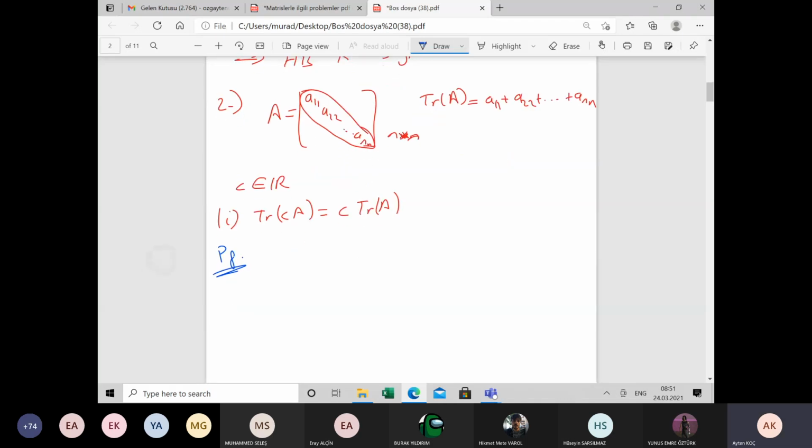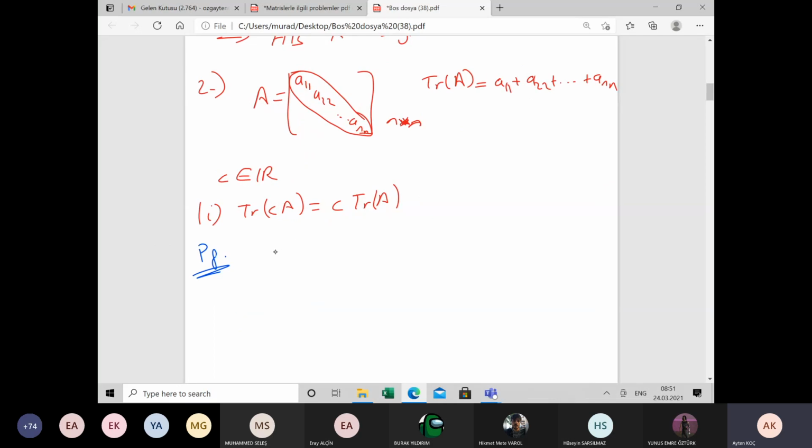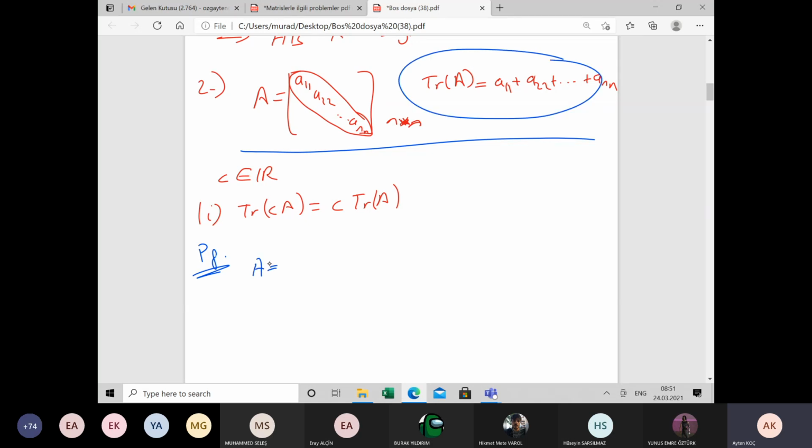A is a square matrix, and the trace of A is this sum. Let A be denoted by its entries a sub ij, an n by n matrix, and take C a real number.